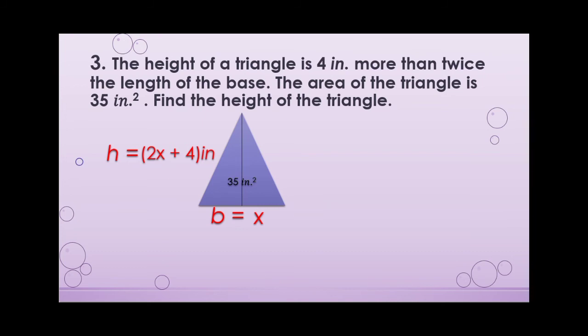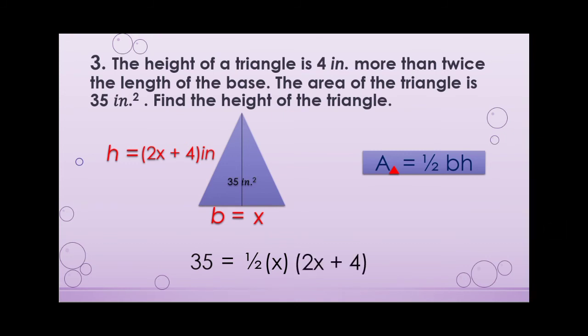So ngayon, let us have the formula in getting the area of a triangle. We have A is equal to 1/2 BH. B is for the base and H is for the height. So we have now 35 is equal to 1/2 multiplied by the base, which is represented by x, multiplied by the height, which is 2x plus 4.